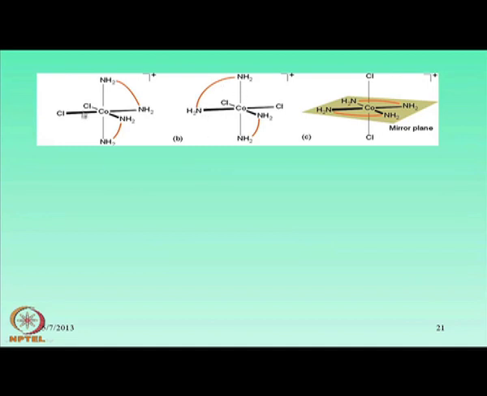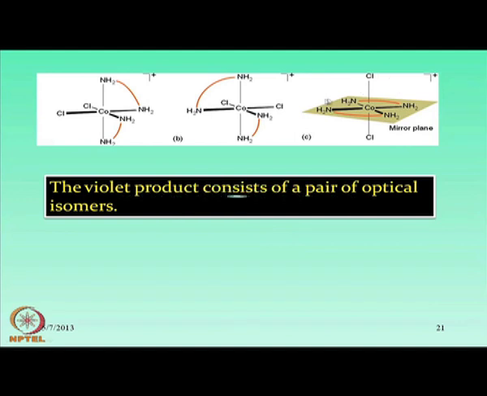So, we get for the cis arrangement these two isomers, and these two isomers are optically active also, but for the trans isomer, the trans plane itself is the mirror plane. So, we have only one particular isomer which is optically inactive and which has a mirror plane, the plane containing the two chelate rings.